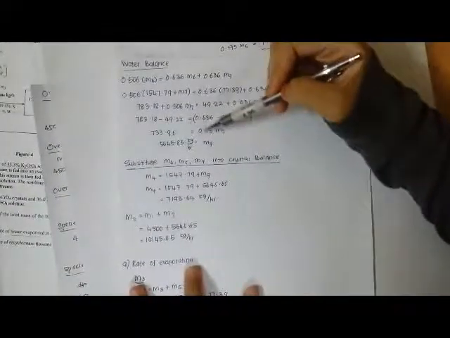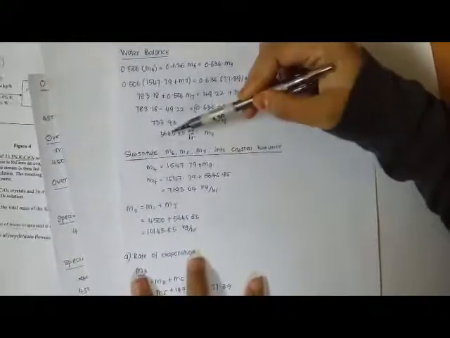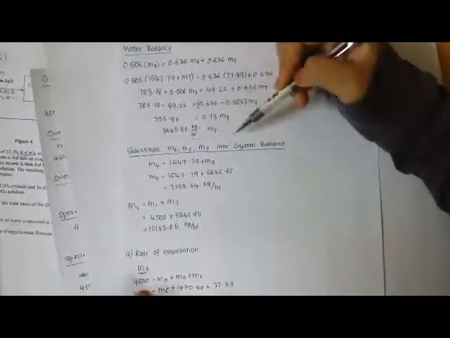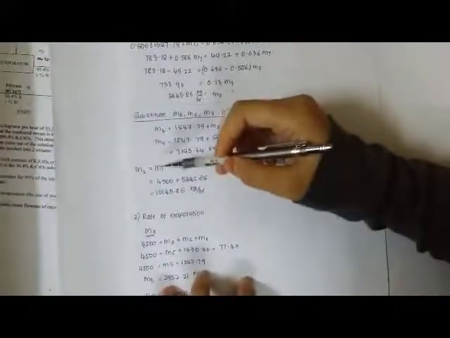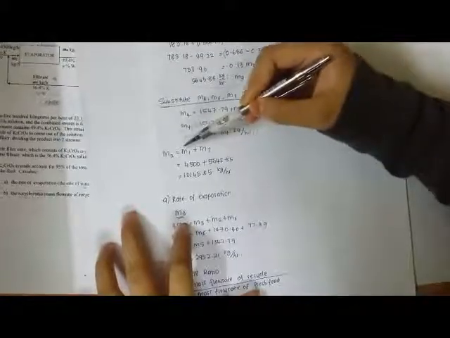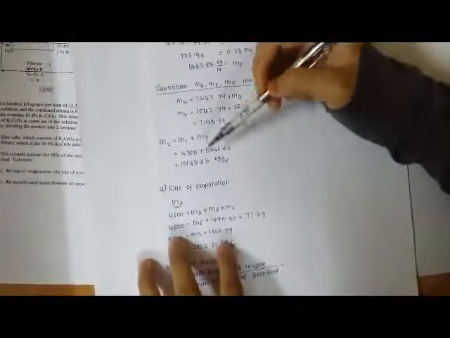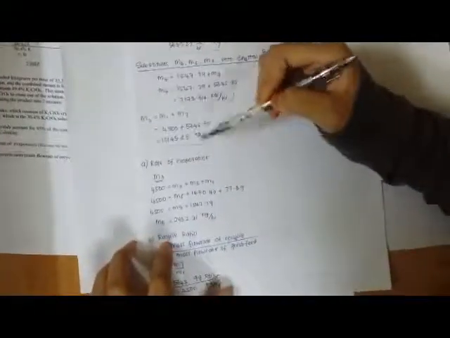So for the water balance equation, we get the value for M7 as 5645.85, and we substitute by using the crystal balance again to find the M4 value here. So we get this value. Then to find the value for M2, the equation is M1 plus M7, so we get this. Then for the rate of evaporation for M3, we just substitute.